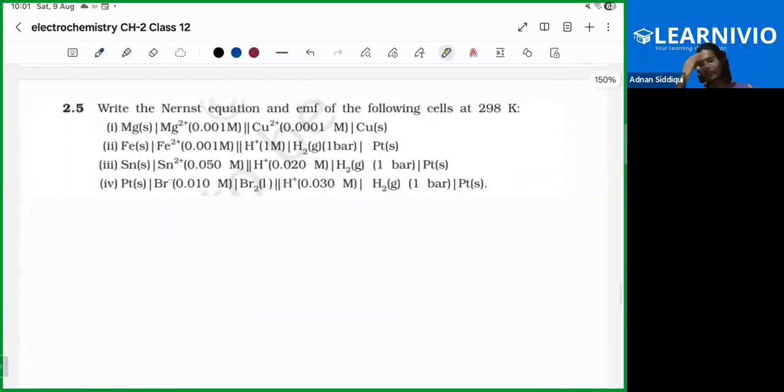You have to write the Nernst equation and EMF of the following cell. So first of all, let us take this first example.